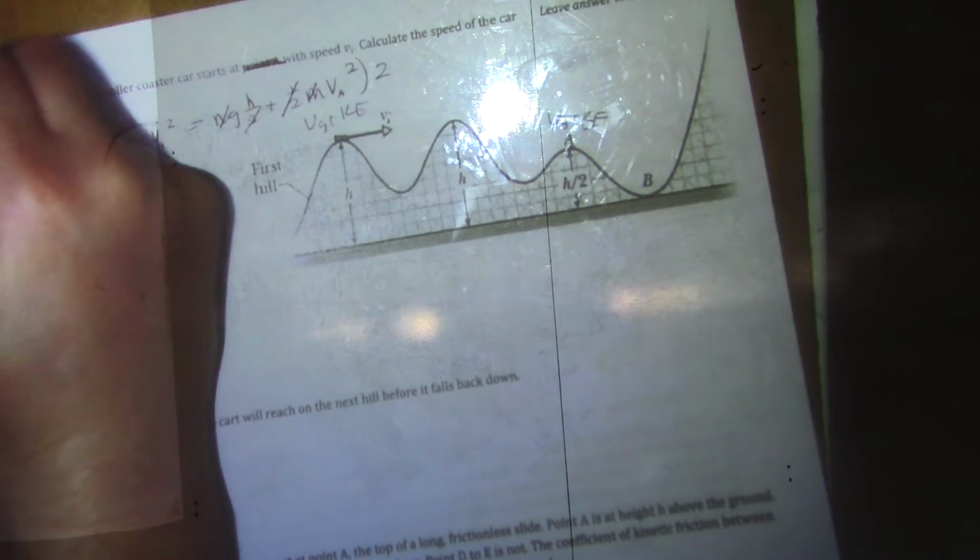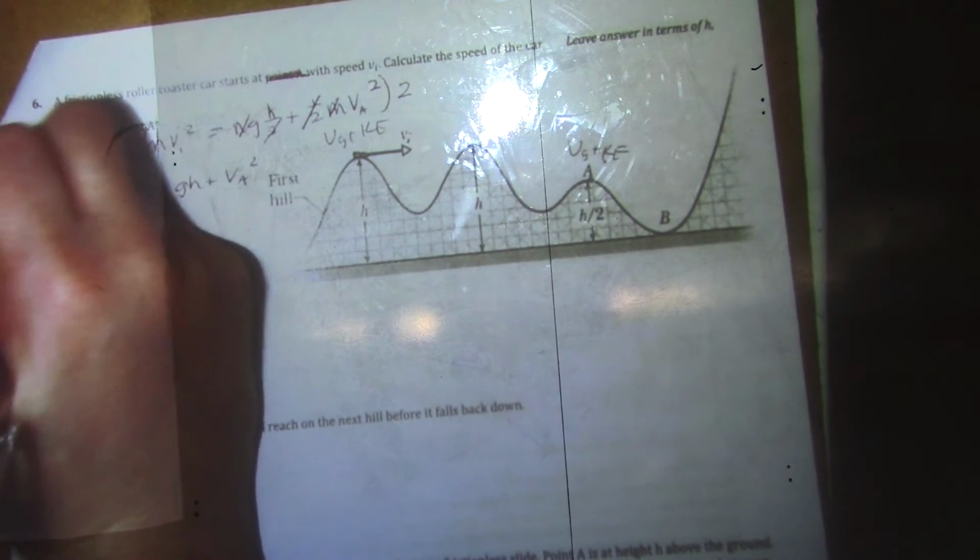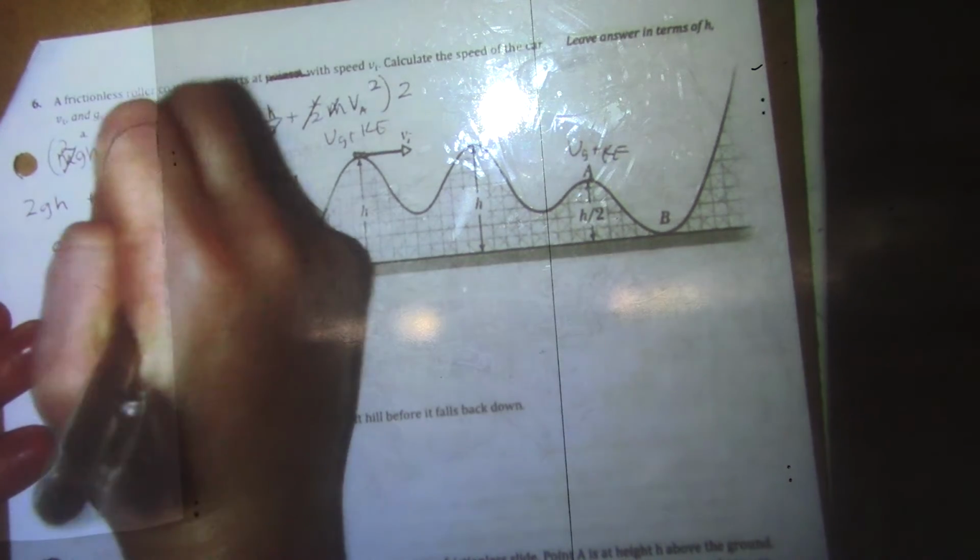That cancels out the halves here, and it cancels out this 2, so 2 over 2 cancels out, and now I have a factor of 2 right there. So I now have 2gh plus vi squared equals gh plus va squared. Subtract the gh over. 2gh minus gh is just gh, plus vi squared equals va squared.